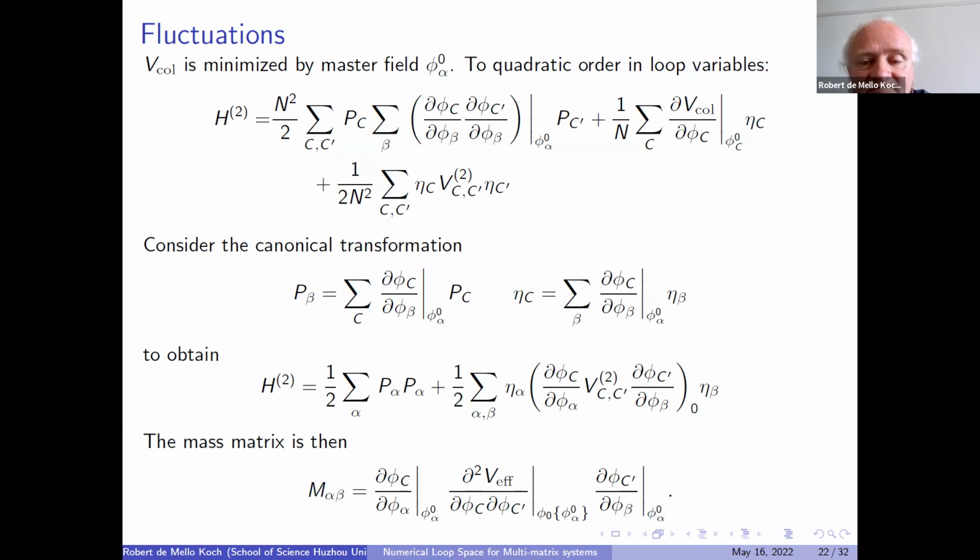And when written in terms of variables after the transformation, this is what the Hamiltonian for the small fluctuations looks like. And it's this Hamiltonian that we will study to determine the spectrum of small fluctuations. And we get a nice expression for the mass matrix, and finding the eigenvalues of this mass matrix will tell us the spectrum of the small fluctuations.